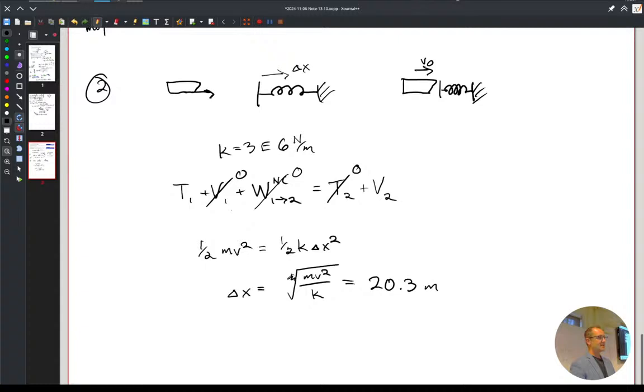That one doesn't sound big, but remember, for this value of k, that's kind of like the stiffness of an uninflated tire if you compress it. So it would be 20 meters worth of tires, or roughly 20 tires sticking off of the pier.